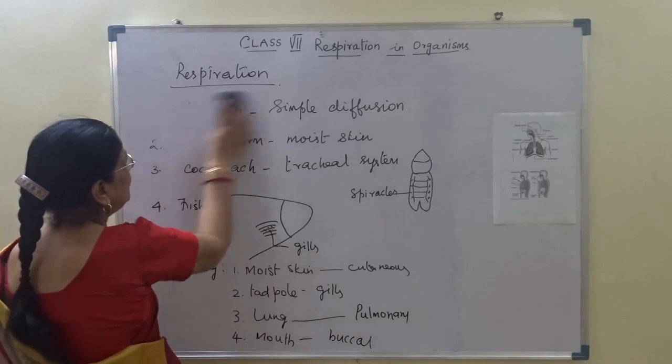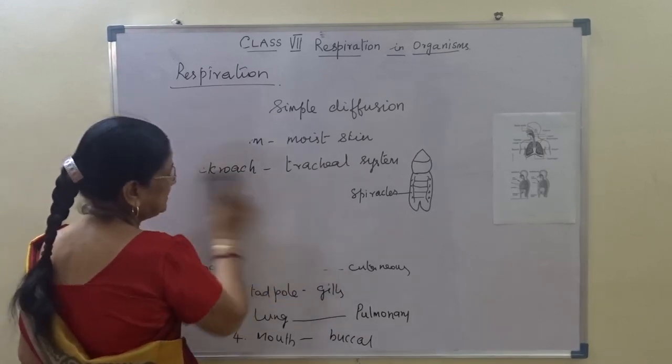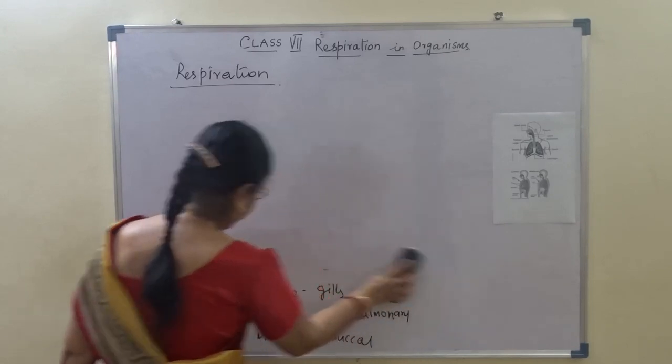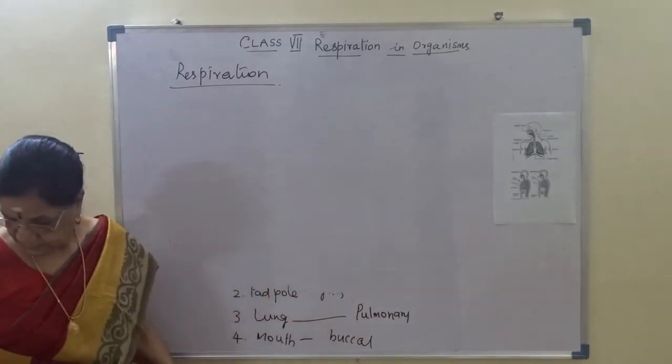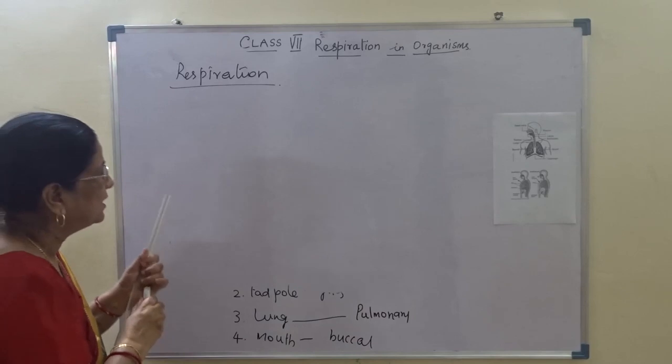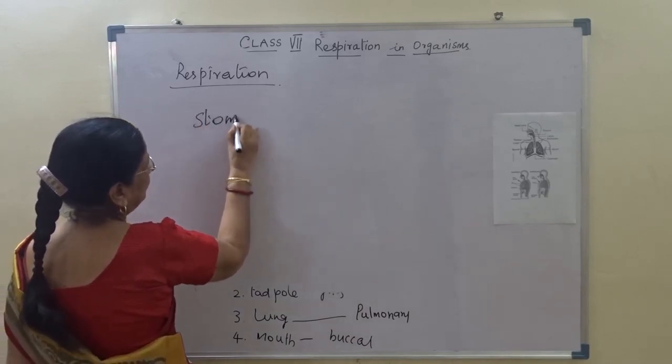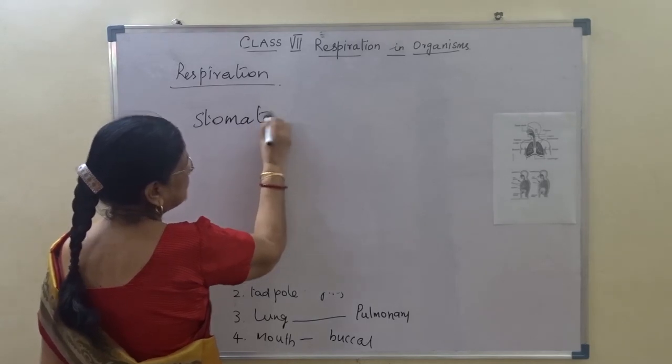And the same respiration is taking place in plants also. Again, in plants, respiration is through a structure called stomata.